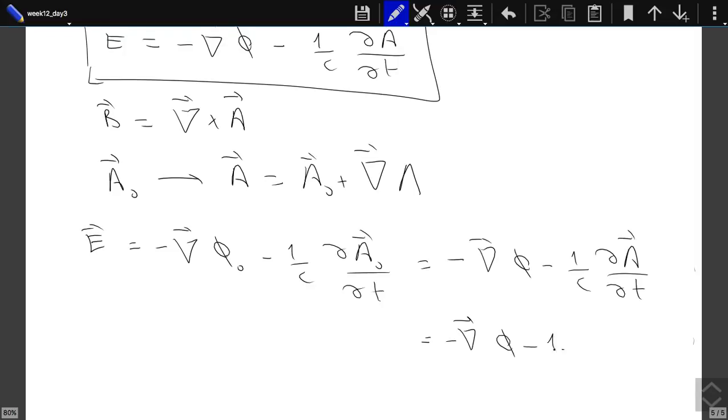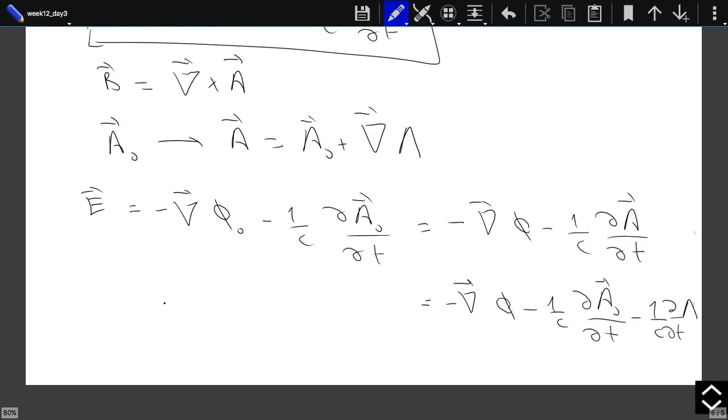But dA by dt is nothing but 1 over c dA0 by dt plus 1 over c d by dt of lambda. So minus the gradient of phi 0 minus 1 over c dA0 by dt should be equal to this one.